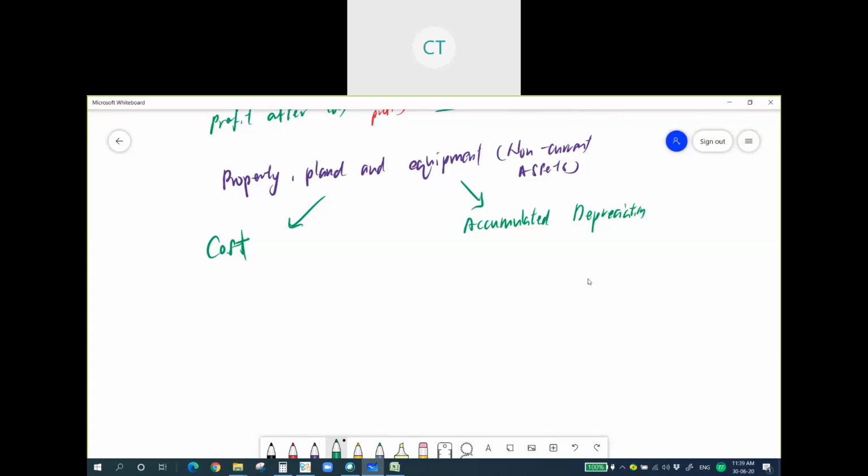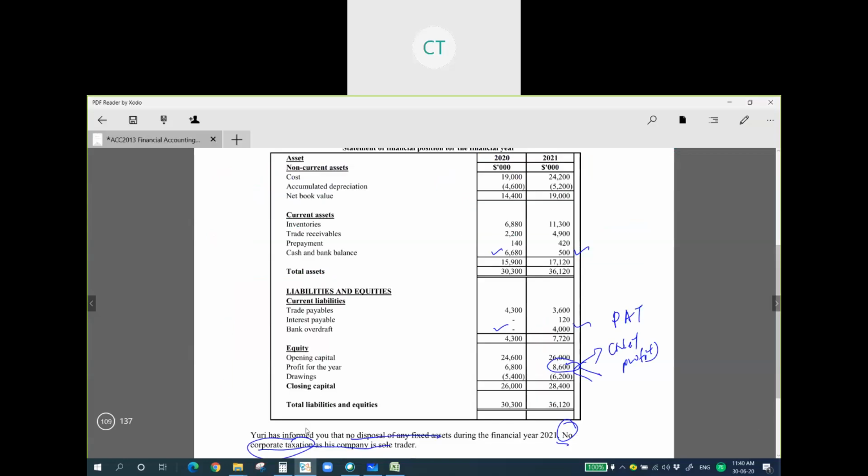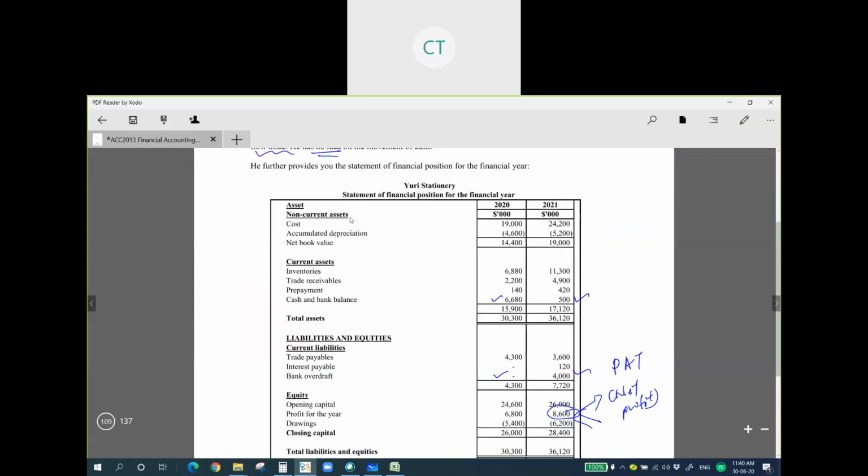So let's draw the account first. I will do a simple one. Alright, so one is cost, one is accumulated depreciation. So we take a look in our question. It says that the cost for the asset is 19,000 at 2020 and at the end of 2021 is 24,200.